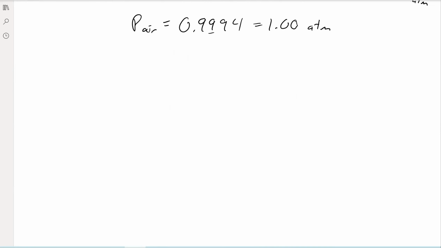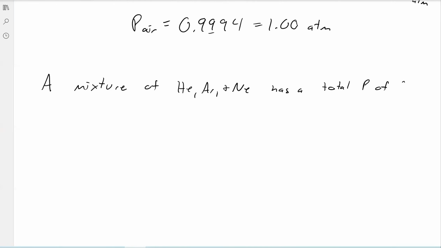Let's take a look at an example problem. So a mixture of helium, argon, and neon has a total pressure of 0.734 atmospheres.